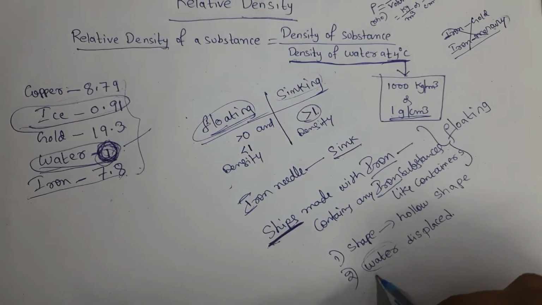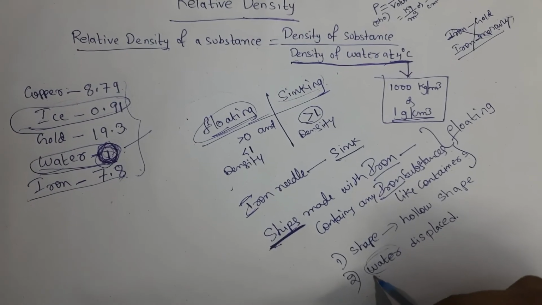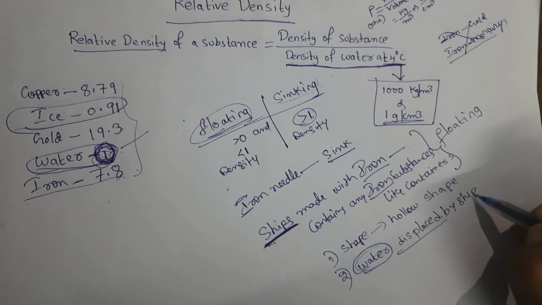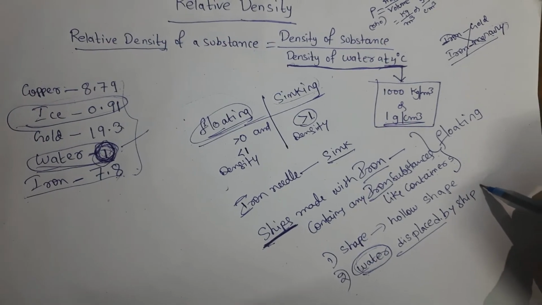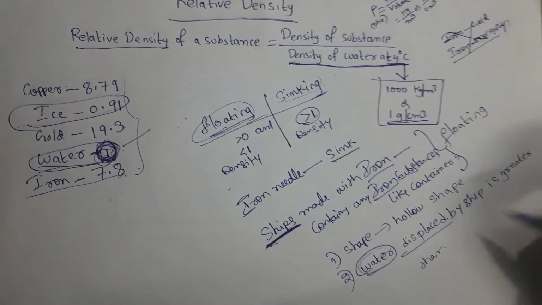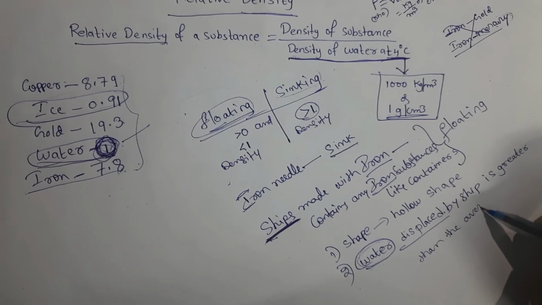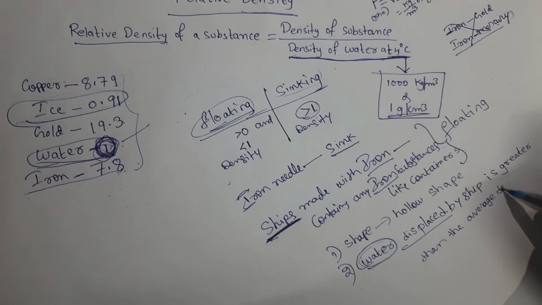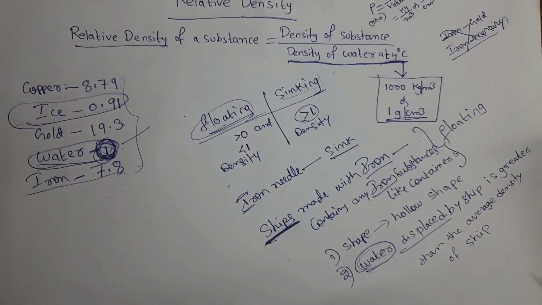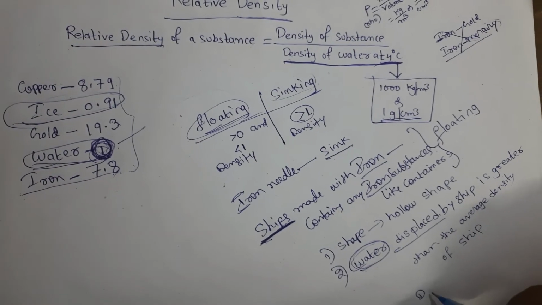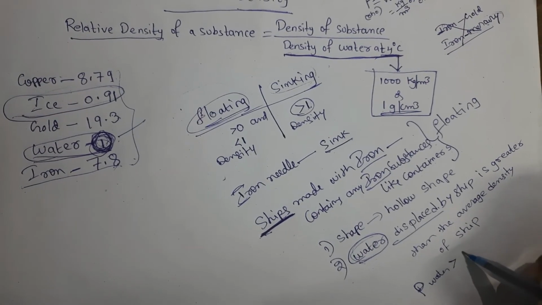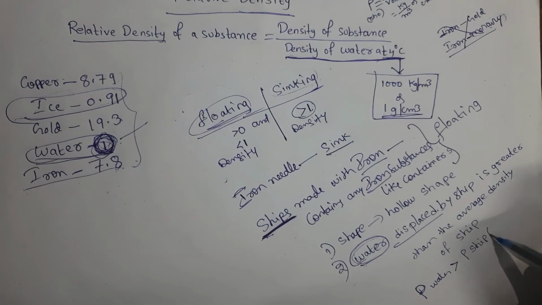Water displaced means that the density of water is greater than the average density of the ship.